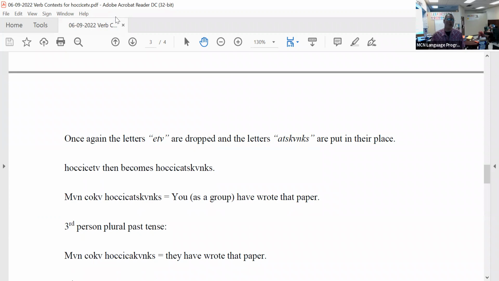I can say, Shoga or Chojetskanga. Did you write that paper? Or if I wanted to say, did you lift up that table? I would say, Ohombida, Dawabetskanga. Did you lift up that table?